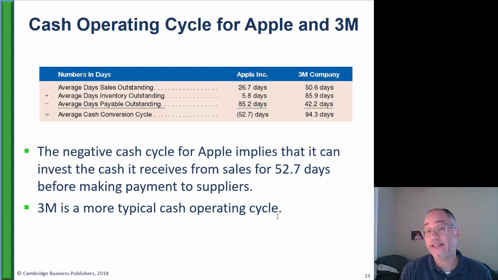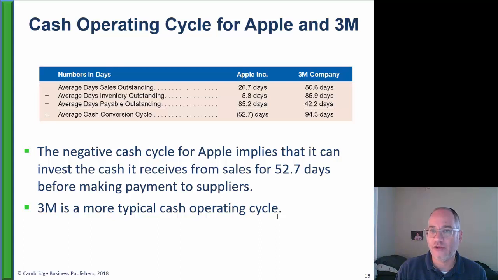Number of days inventory outstanding, that's how long it takes you on average to sell inventory. And number of days payable outstanding would be subtracted. That's how quickly you pay your suppliers. So you can see Apple's cash conversion cycle is weird. It's actually negative because Apple pays its suppliers long in advance. And the reason it does this is because it has a lot of money and it can get a lower price from the suppliers by doing this. But 3M's a more normal company.